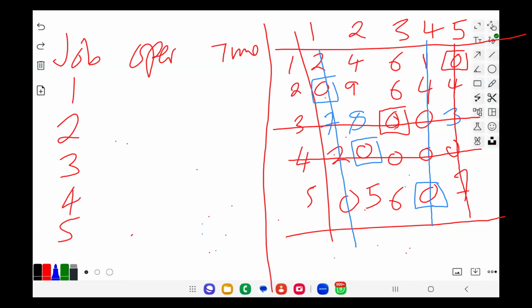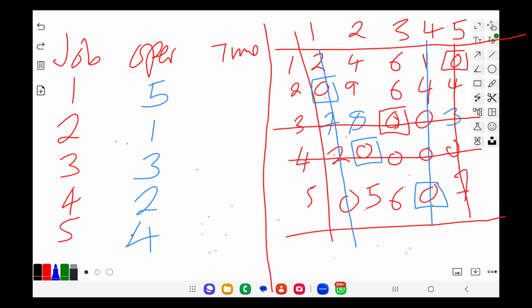In job 1, it is operator number 5, where there is a square. The jobs are the rows. Job 2, operator number 1. Job 3, operator number 3. Job 4, operator number 2, and job 5, operator number 4. You just take where these boxes are.